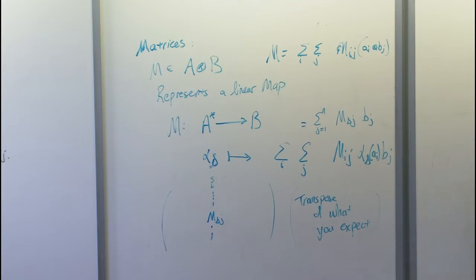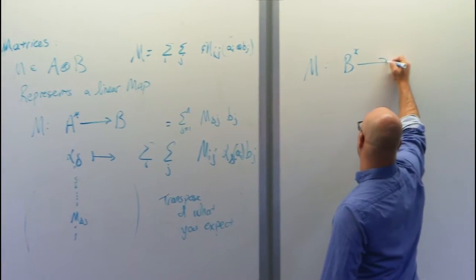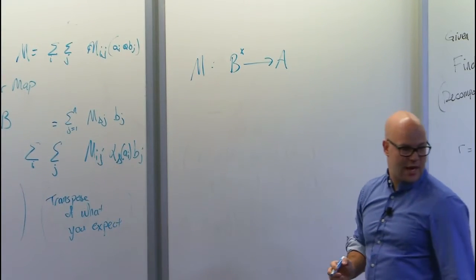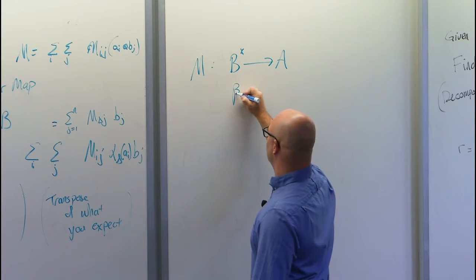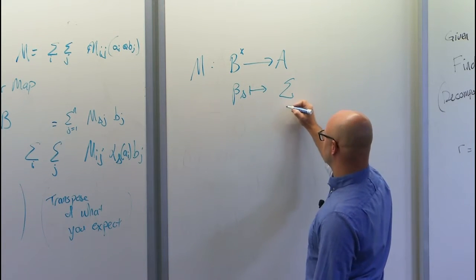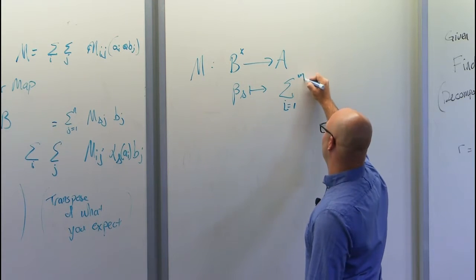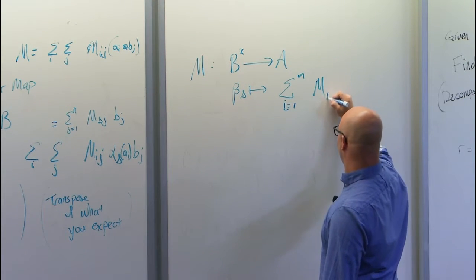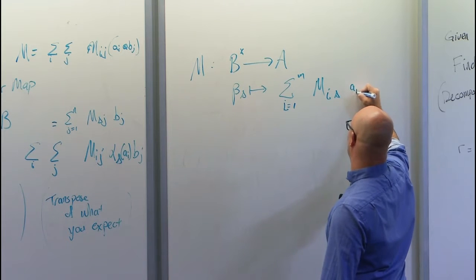Okay, but I shouldn't have chosen necessarily A to be my favorite vector space. Maybe B was my favorite vector space. So let's write the other linear map. I'm still going to call it M, from B star to A, and do exactly the same thing. Beta sub S is going to go to the sum over I from 1 to m, M I S, AI.